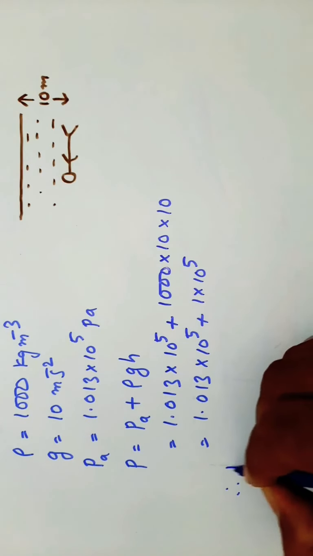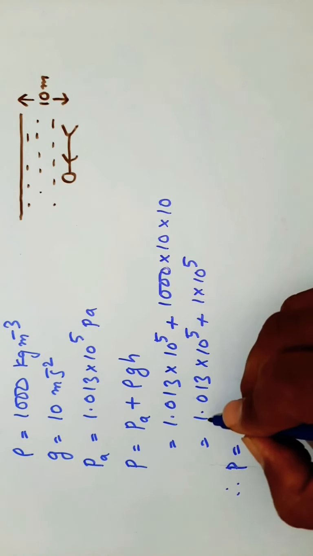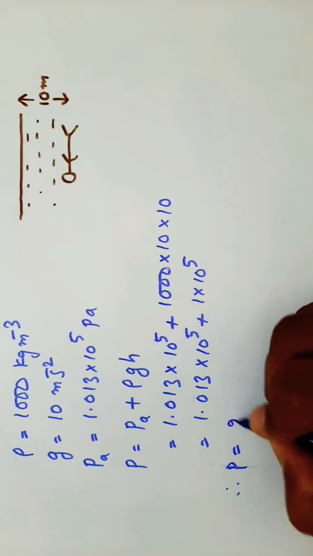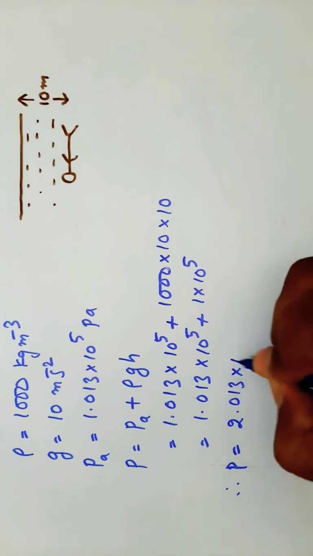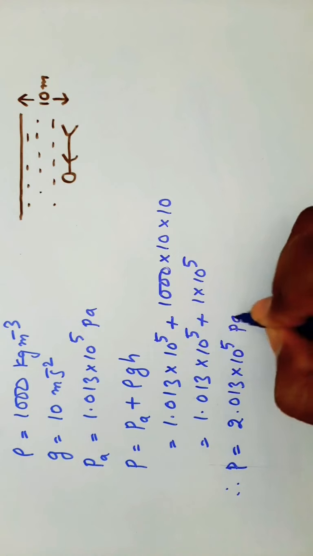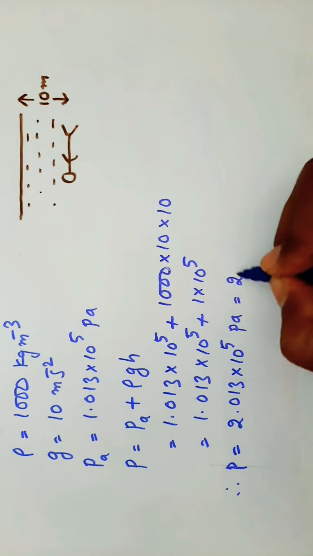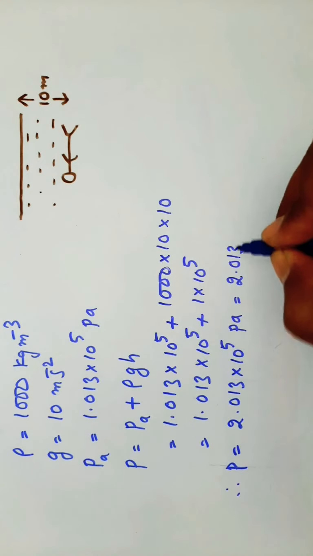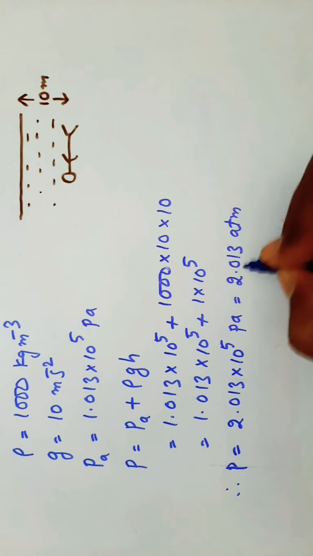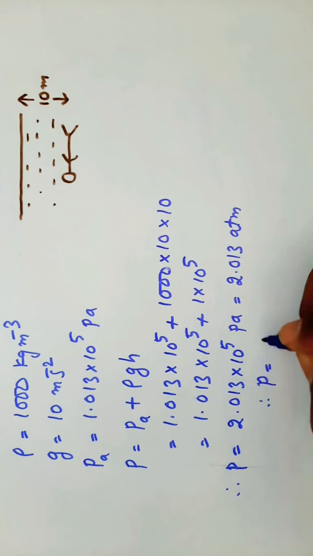Therefore, pressure on swimmer P is equal to 1 plus 1, 2.013 into 10 to the power of 5 Pascal. Here 10 to the power of 5 Pascal is equal to 1 atmosphere, so P is equal to 2.013 atmosphere.